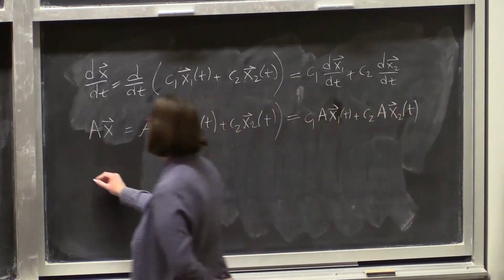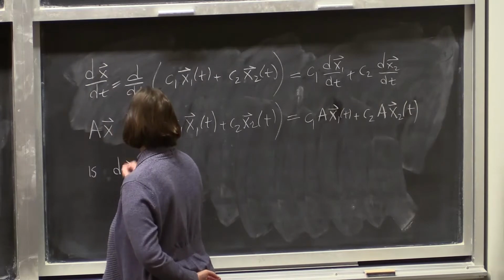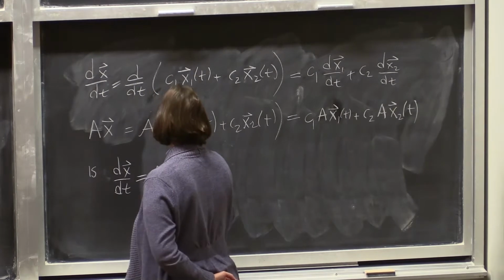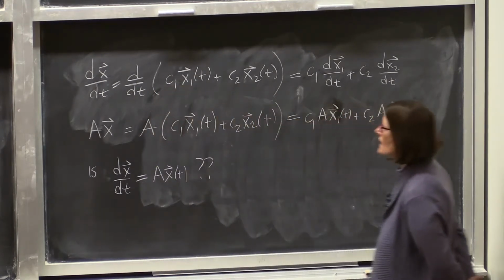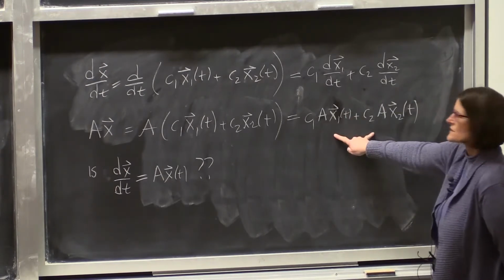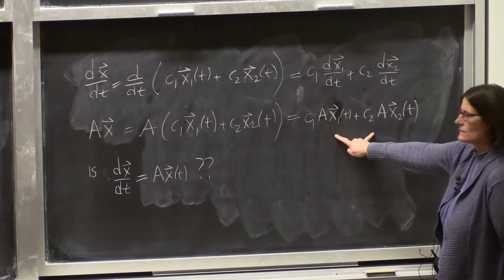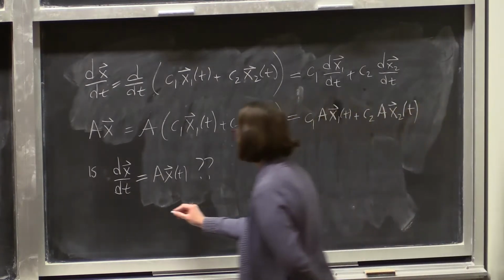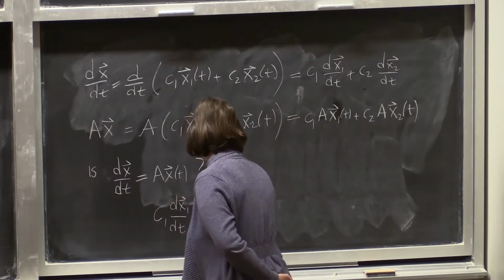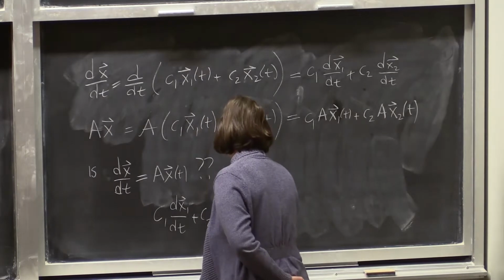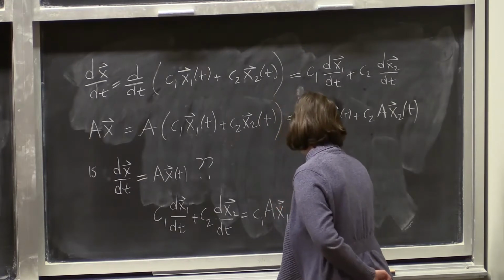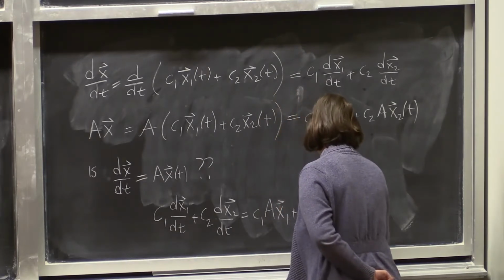Step 3. Is dx/dt equal to A times x of t? So I would like to know whether the left-hand side is equal to the right-hand side. So I want to know whether c1 times dx1/dt plus c2 times dx2/dt equals c1 times Ax1 plus c2 times Ax2.